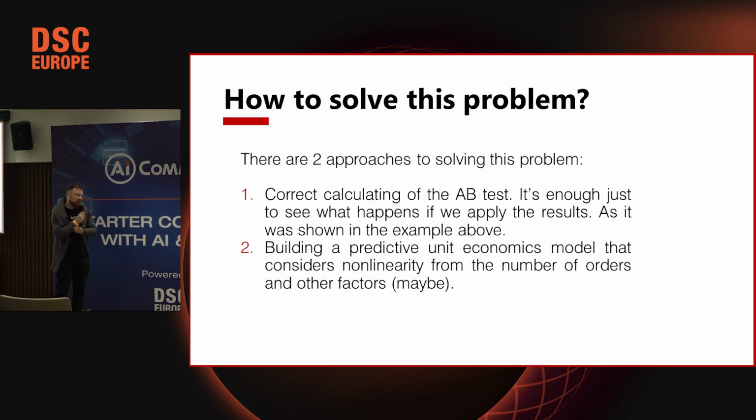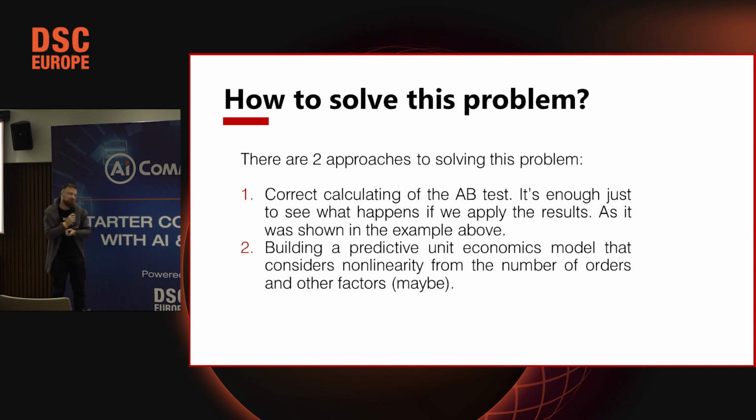And in general, we have two very simple solutions. First of all, we can use logic, as I said before: just calculate our example, see what will happen if we apply version A to the whole business or version B, and just compare. But in practice, it's better to use the second approach.